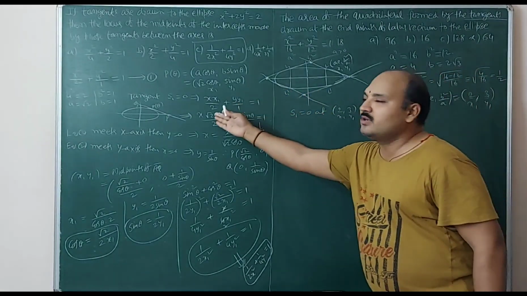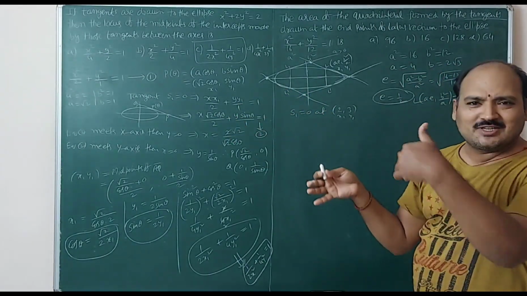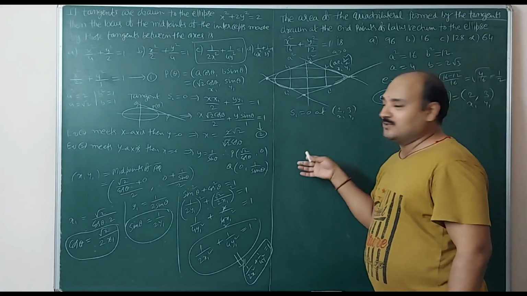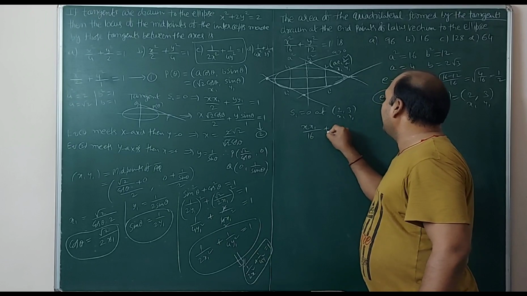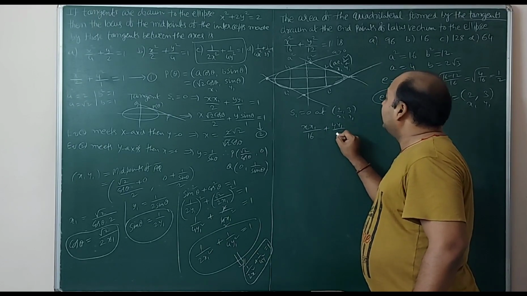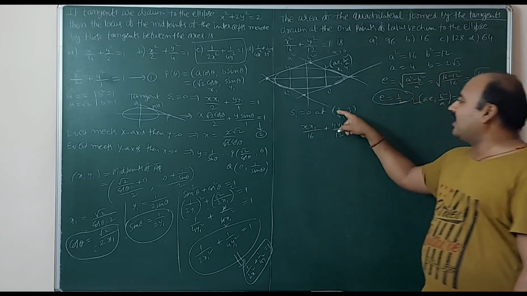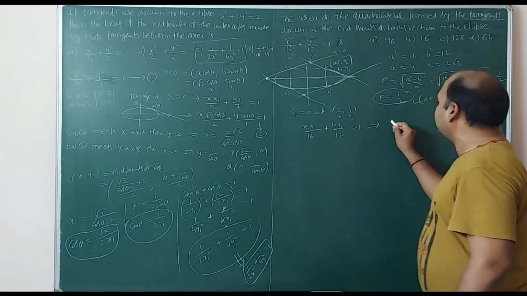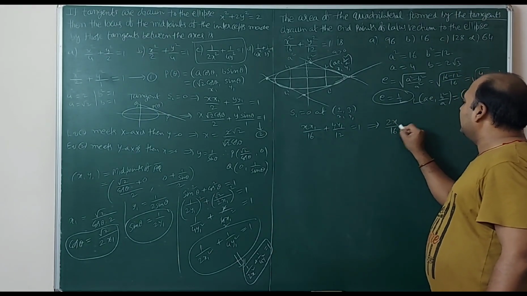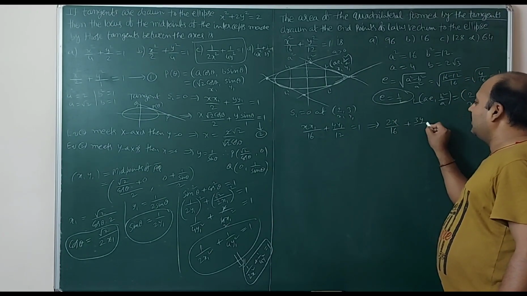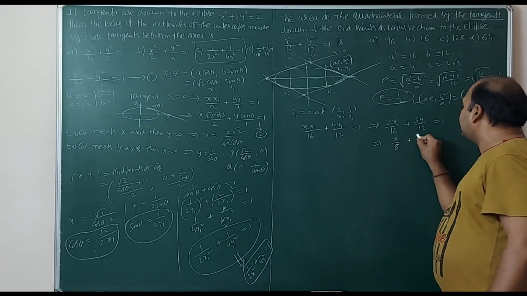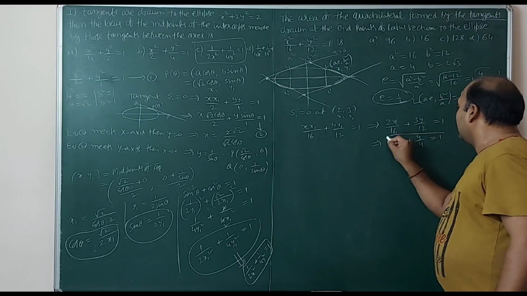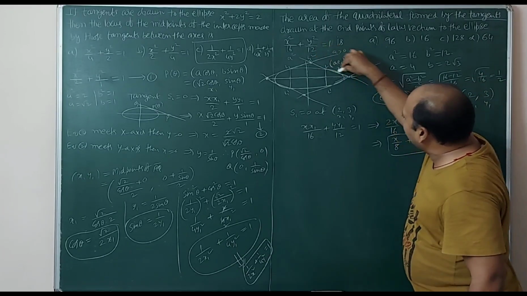Like the previous question, in both questions they are asking the same thing. x1 x by a square, what is a square here? 16. Plus y1 y by b square is equal to 1. The x1, y1 values are 2, 3. So it becomes 2x by 16 plus 3y by 12 equal to 1. If you simplify, x by 8 plus y by 4 equal to 1. It is in the intercept form only, no?